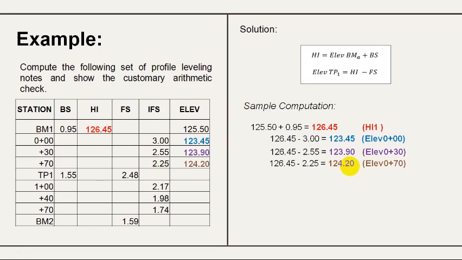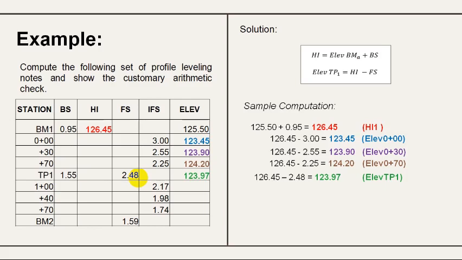Then, to solve the elevation of turning point 1, height of instrument minus foresight reading. So, 126.45 minus 2.48 gives an elevation equal to 123.97 meters.